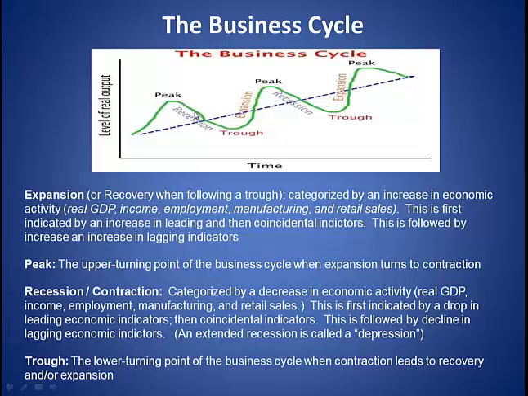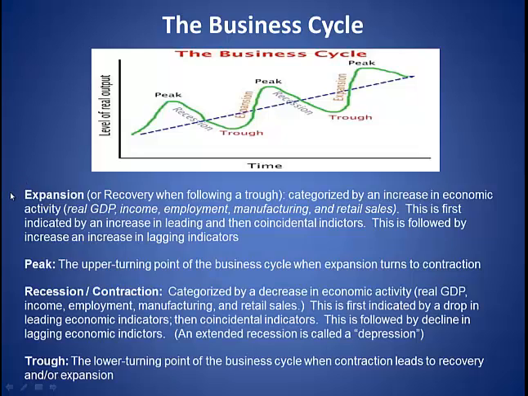Then it'll go through the recession into what we call a trough, which will basically be the lowest point of the recession. And then after that, the economy will begin expanding again, and it will go through what we call an expansion, or another word for expansion is recovery, when we're coming out of a trough. It'll reach a peak again. Once it reaches the peak, it'll go back to recession, through trough, through expansion, and so forth. So these are the cycles of the economy.